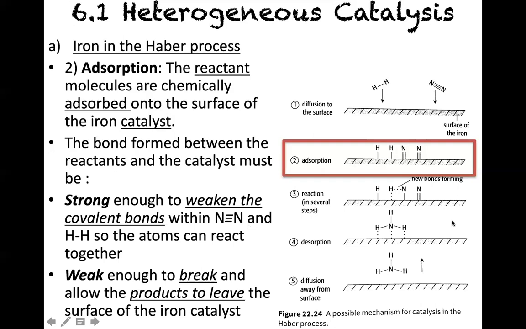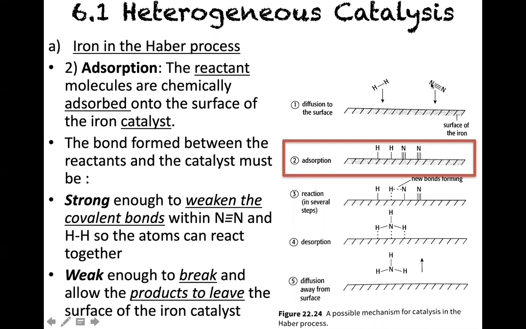It must also be strong enough to weaken the covalent bonds. So this is what I mean. When the hydrogen molecule and nitrogen molecule stick to the surface of the iron, it must be strong enough to hold them. While the hydrogen molecule is sticking onto the iron, at the same time the hydrogen single bond is being weakened, or broken.